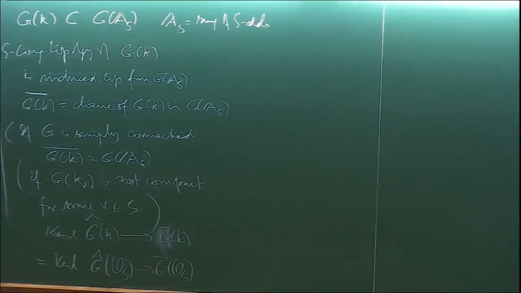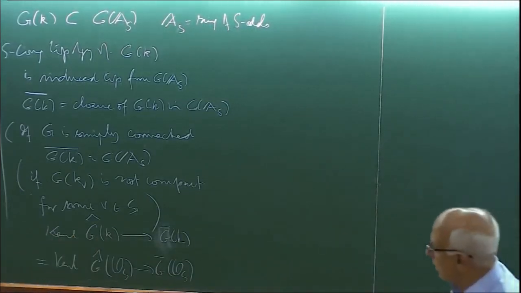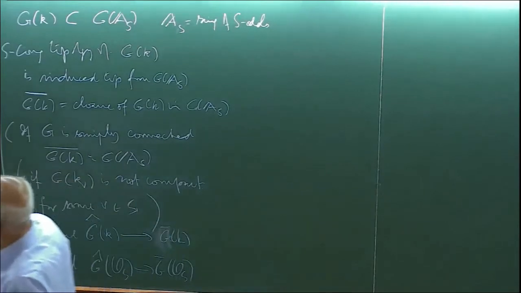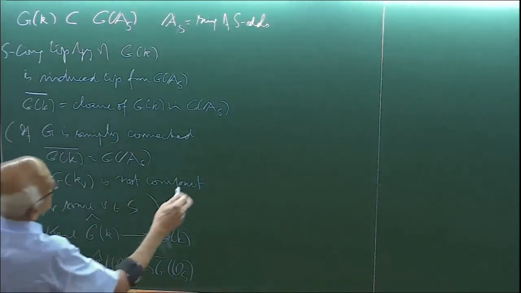CSG is the kernel of this, depends only on the algebraic group G over K, and does not depend on the way G sits inside GLn of C. So the formulation, as I said, is to determine CSG.